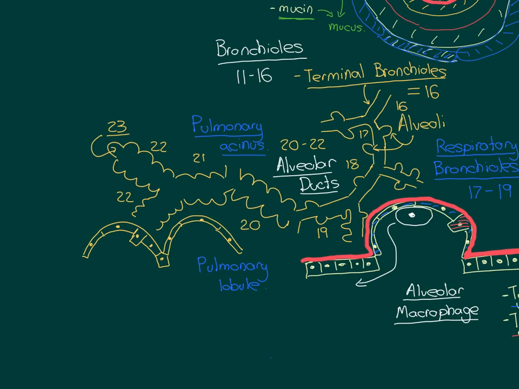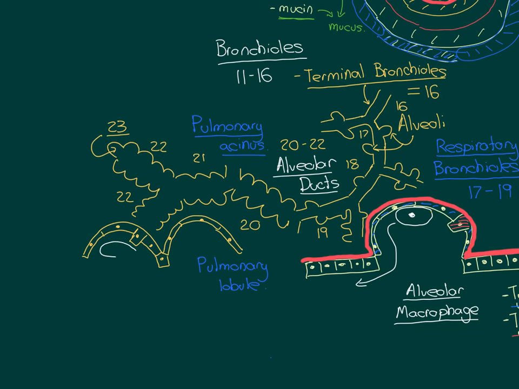So a single pulmonary acinus will have a huge number of pulmonary lobules being part of it, because a single pulmonary acinus will have lots of terminal respiratory bronchioles under it, and all of those will have their own pulmonary lobules.